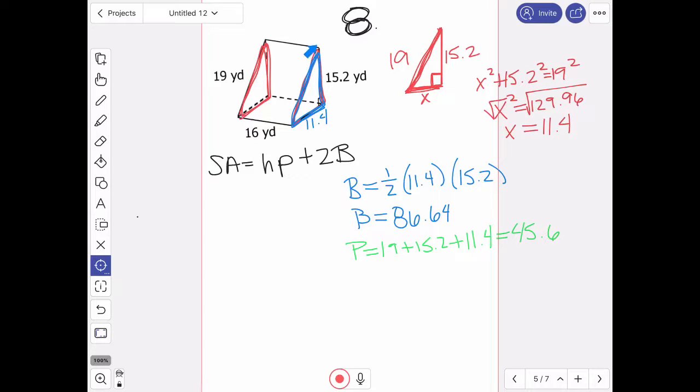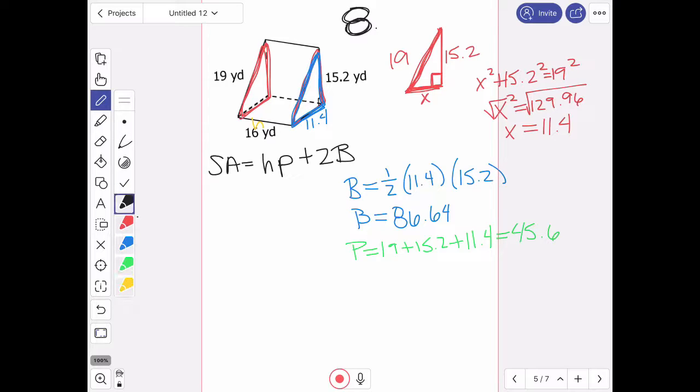I'm thinking of the height from my base, but this H, and if you have your reference sheet, it makes it very clear that this H means the height between the bases, or the distance between the two bases. So my H has to be 16.